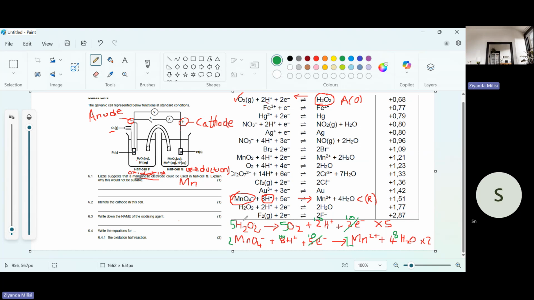Give me, what are your reactants here? What are the reactants now from this reaction?